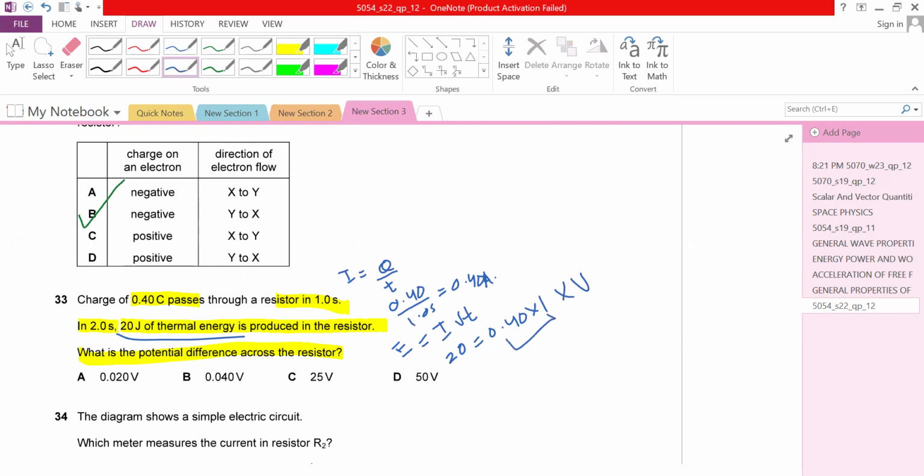Now 20 divided by 0.40 divided by V. Let's calculate it. 20 divided by 0.40 is 50. Option D is correct for 33.